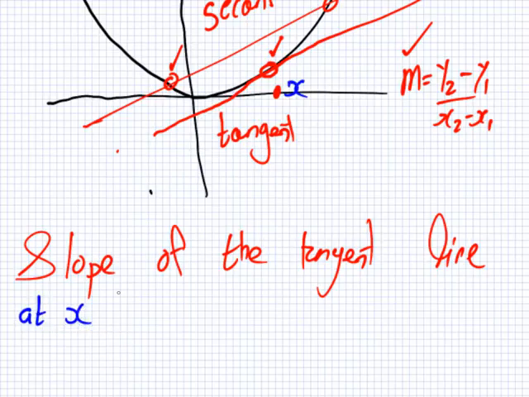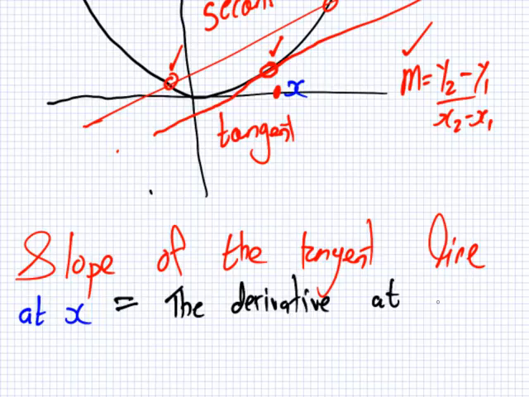This actually has a special name as well. We don't say slope of the tangent line at x. Instead, we say the derivative at x. So you see this word here, derivative. That means slope of the tangent line. So if I ask you for the derivative, it's the same as asking you for the slope of the tangent line. It means the same thing.